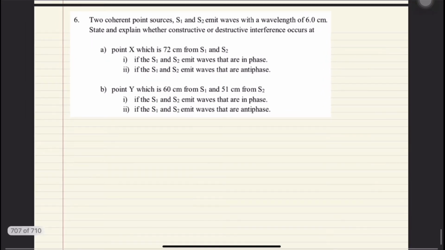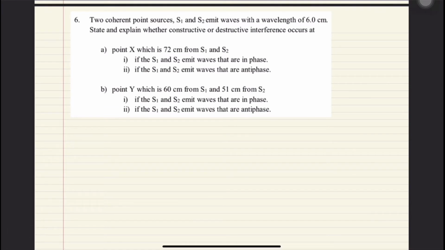Now let's look at question number 6. Two coherent point sources S1 and S2 emit waves with a wavelength of 6 cm. State and explain whether constructive or destructive interference occurs at point X, which is 72 cm from S1 and S2. The first thing it says is that lambda is equal to 6 cm.